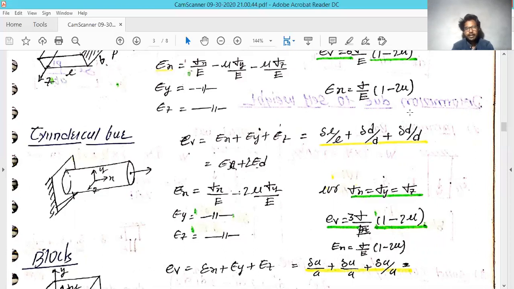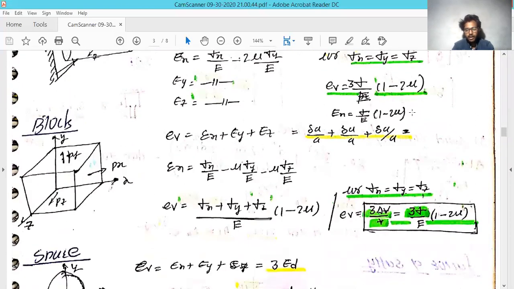Now we move to the third cross section, which is nothing but the block, a square cross section, or you can call it a cubical cross section. In this cubical cross section, which has all sides equal, I have taken the side of that cube as A, and you very well know that all sides of that cube will remain the same.